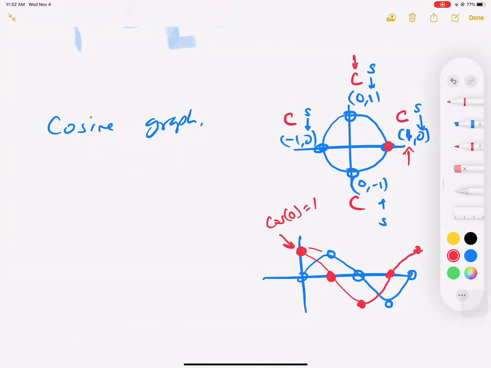A cosine graph looks like a parabola, but it's not a parabola. Please, it is not a parabola. A parabola shoots off, whoosh. A cosine graph is going to come right back down and continue the cycle over and over again. Now it looks like a DNA double helix.